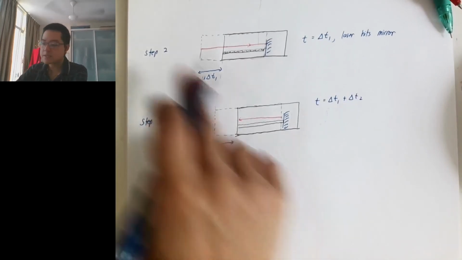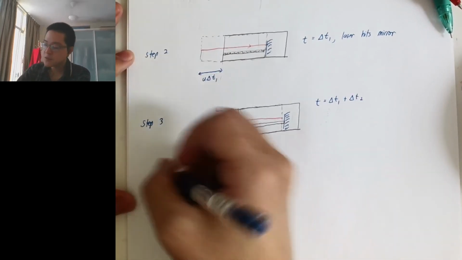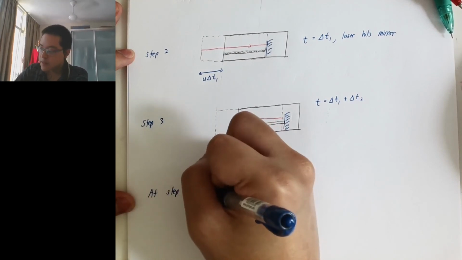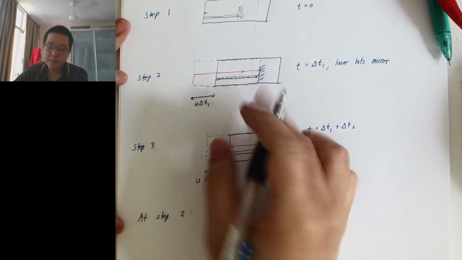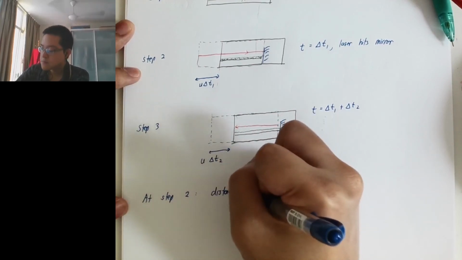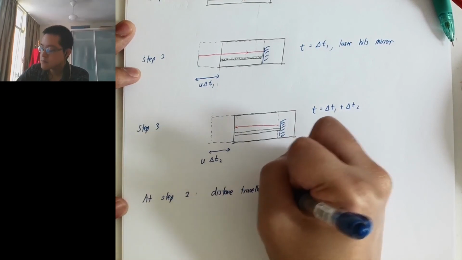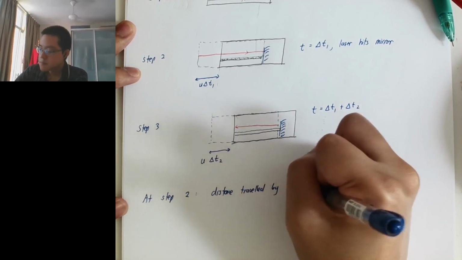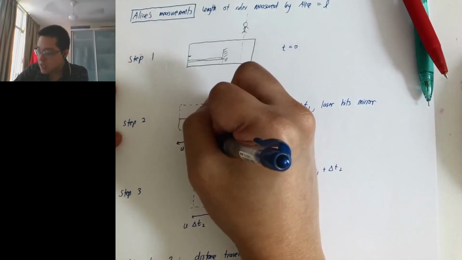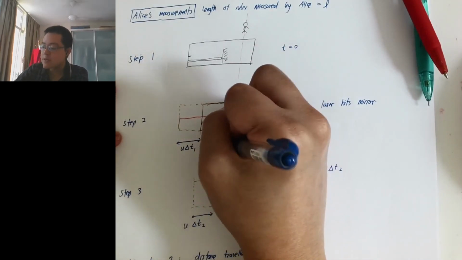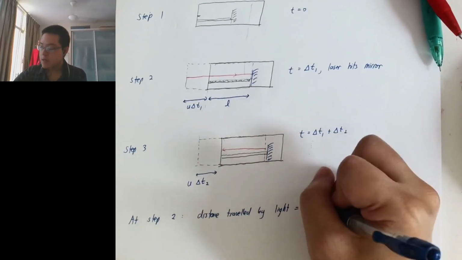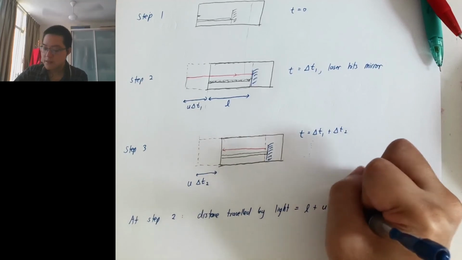Let's see what happens at step 2. At step 2, what is the distance traveled by the light? Now the length of the ruler according to Alice, I call this L. So the distance traveled by the light is equal to L plus u dt.